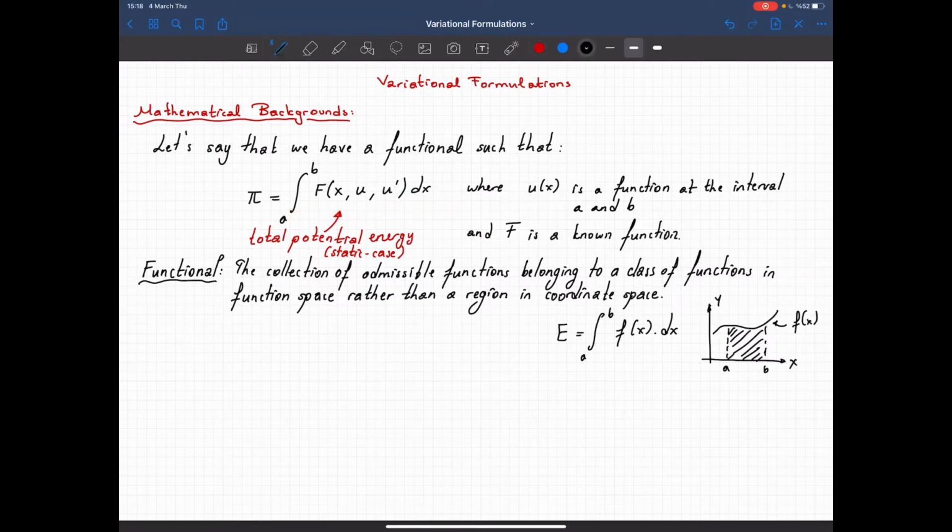Now, the fundamental problem. What do we want to do with these functionals? We defined it, but what do we want to do?